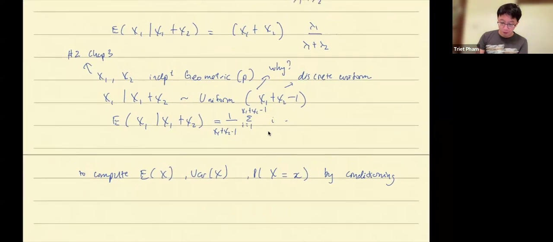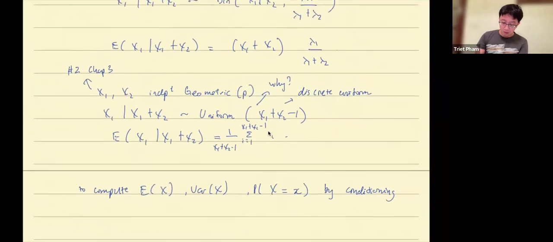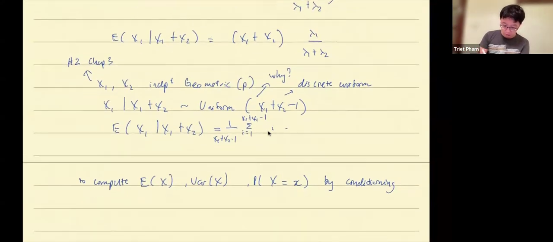But anyway, to show you how this step is connected to the previous steps, via one of the formulas I mentioned last time: if you condition and then you take expectation again, you get back expectation, right? This is the formula to use when you calculate expectation.